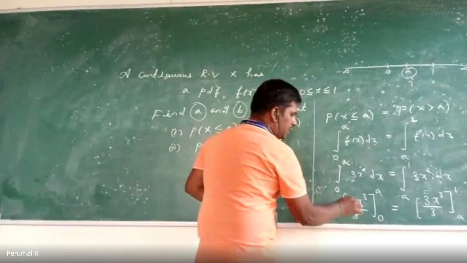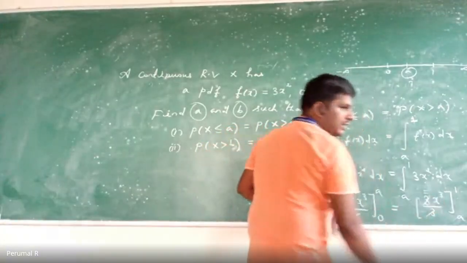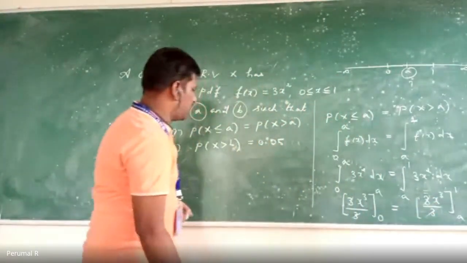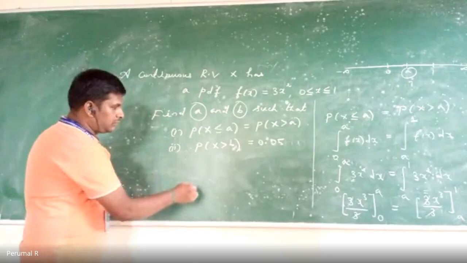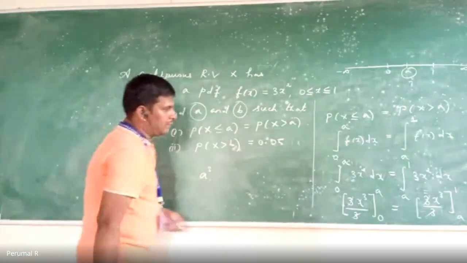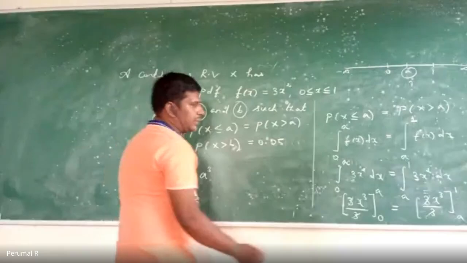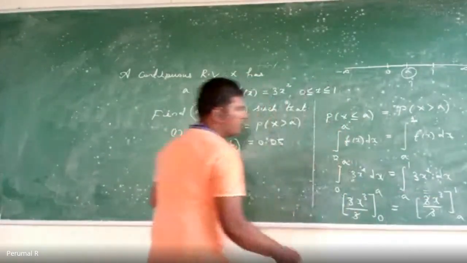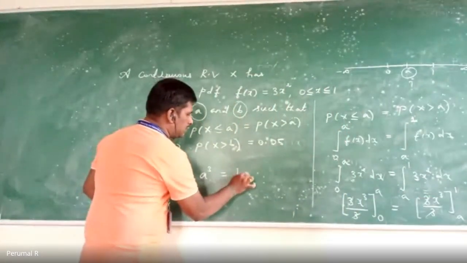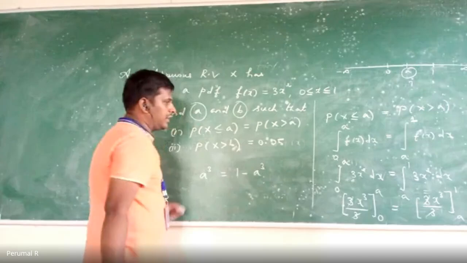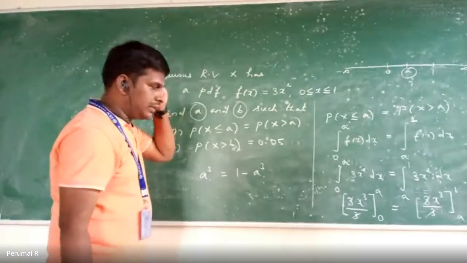So here 3 cancels, here also 3 cancels. Okay, so what is the answer for that one? a cube, if you substitute your upper limit, a cube minus 0. Here also your upper limit is 1, minus a cube, so 1 minus a cube.